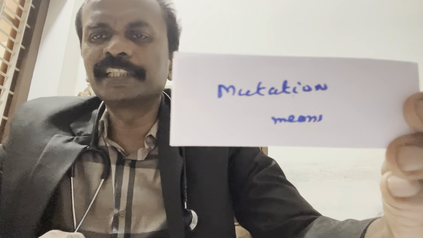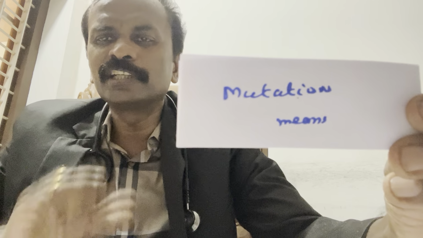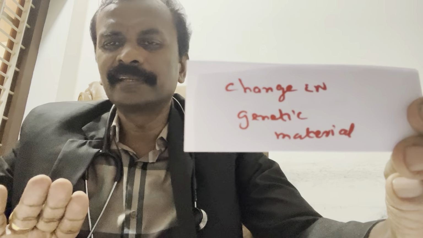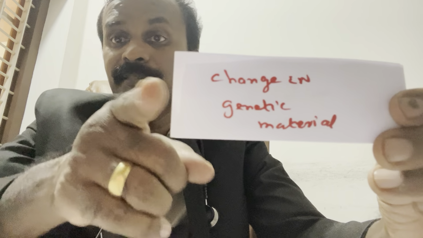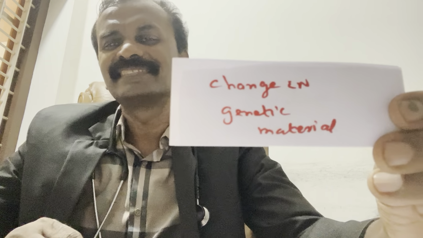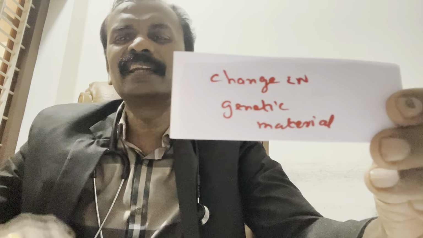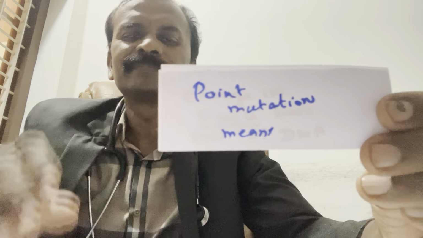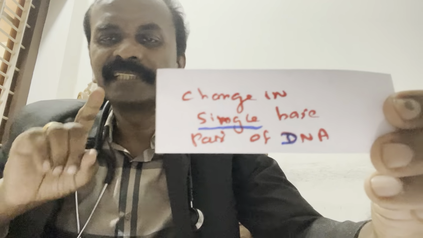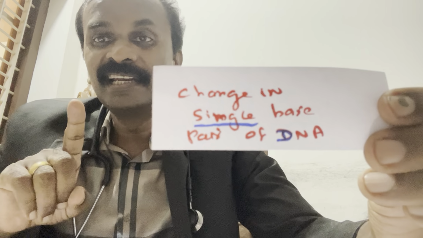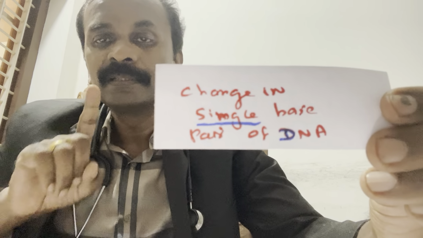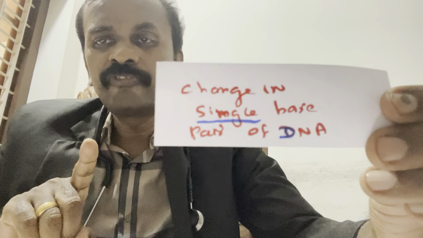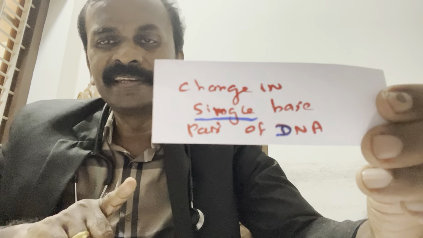So I'll make it very clear for you. What is mutation? Change in genetic material. They'll ask both sides. Change in genetic material is called mutation. So what is point mutation? Change in single base pair of DNA.